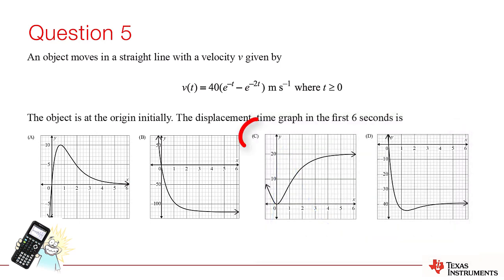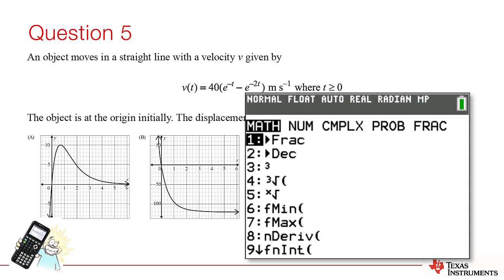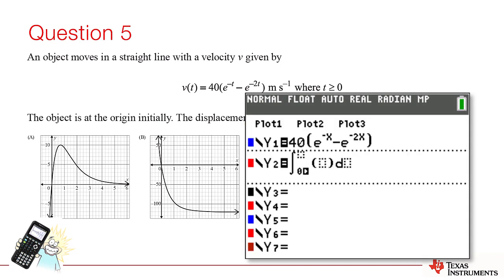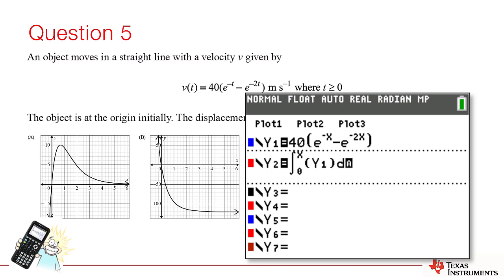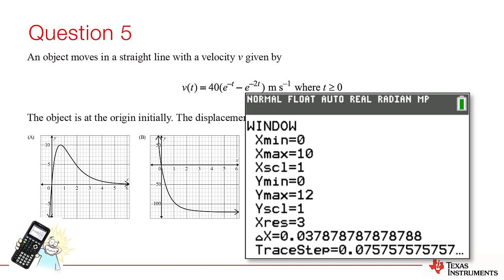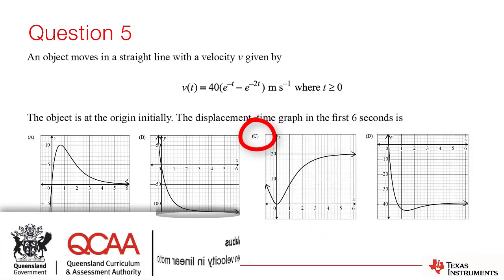This is represented by graph C. An alternative way to approach this question is to simply graph the antiderivative of the velocity equation. And again, we arrive at answer C.